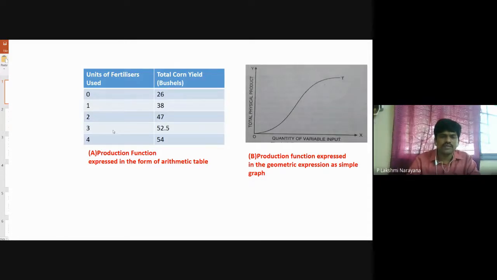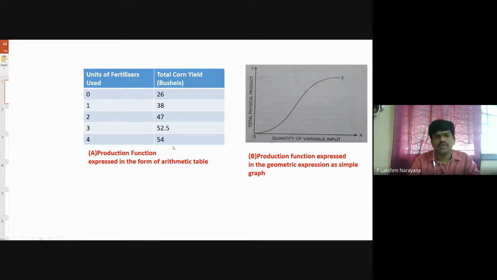And the farmer again wants to increase another unit of fertilizer, that is 2 units of fertilizers. Then 47 units. Again at 3 units, it is 52.5 bushels of corn, and at the 4th unit, 54.